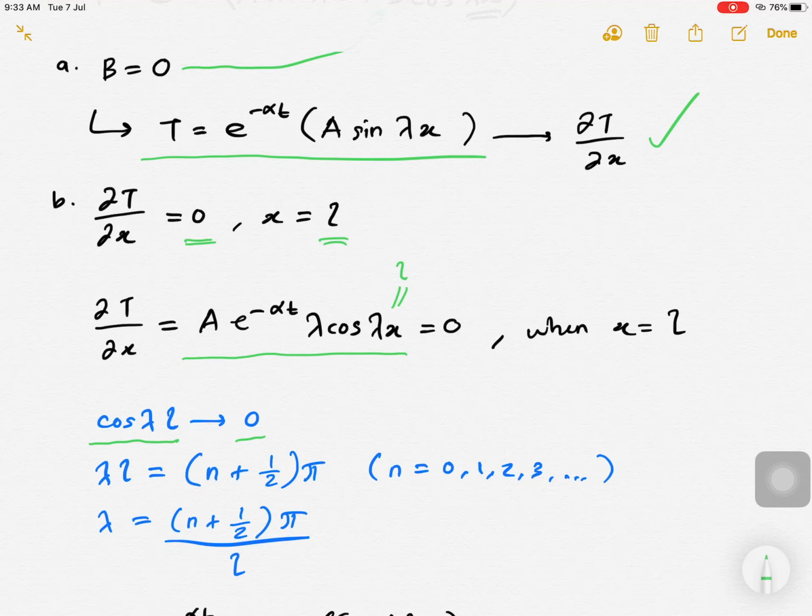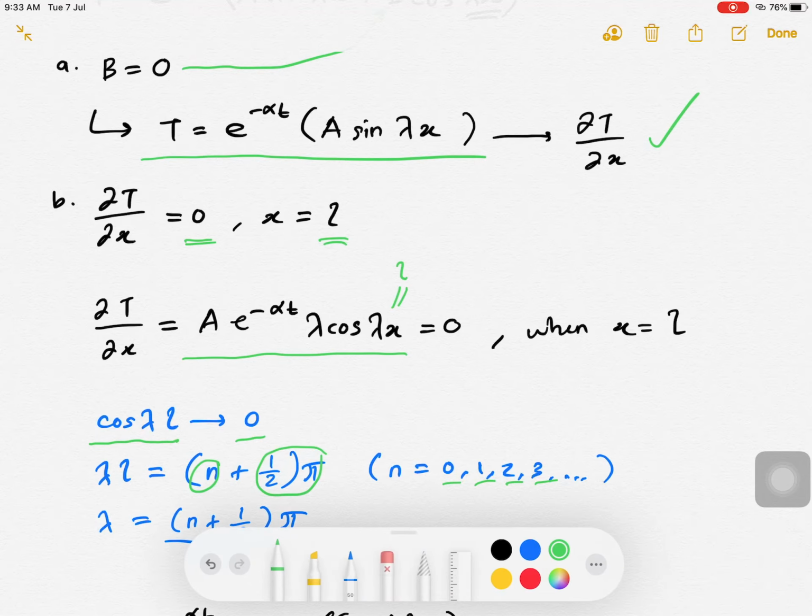So we know that how to make a cos equal to 0 is by cos 180 degrees. No, cos 90 degrees, sorry. So pi over 2. And what is n? n is 0, 1, 2, 3. So n is an integer.